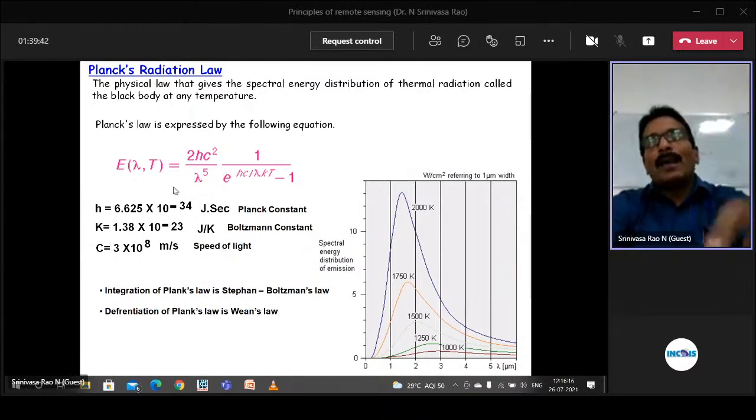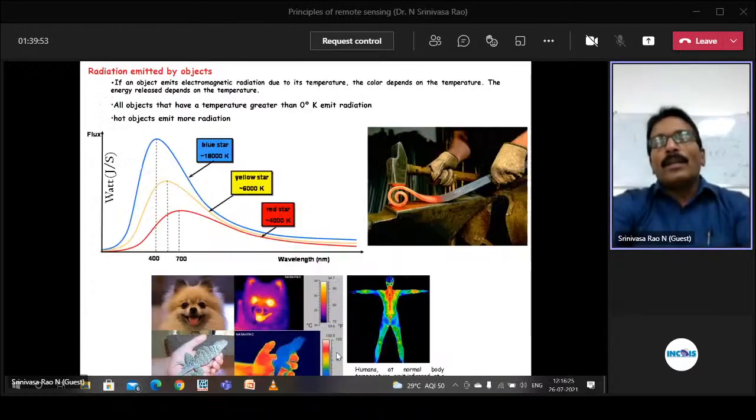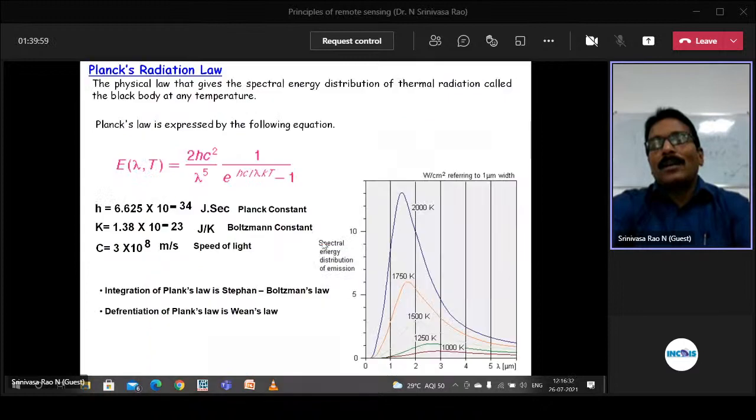This law explains the relation between the wavelength and temperature, as you have seen on the x-axis previously. As temperature increases, wavelength decreases; as temperature decreases, wavelength increases. This law is Planck's radiation law, and it looks a little bit complex, complicated.